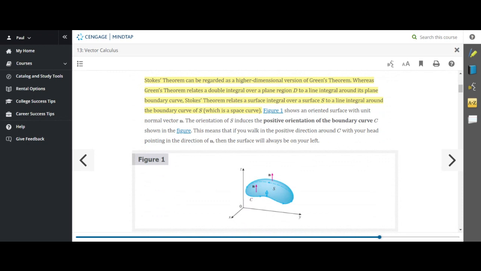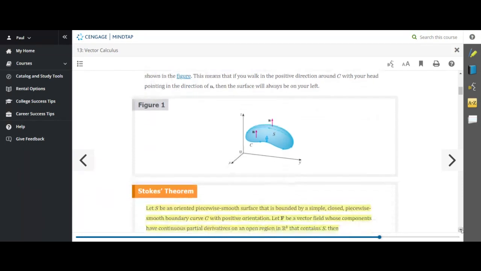Here's figure 1, and you have a closed curve in three-dimensional space surrounding a surface. In other words, the boundary of the surface S in figure 1 is that closed curve C.